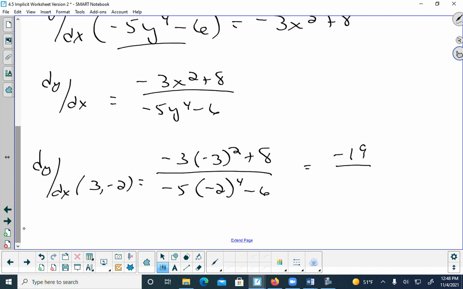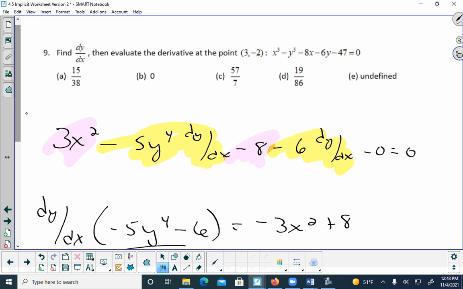And then 2, 4, 8, 16. So negative 80, because that would be positive, negative 80 minus 6, negative 86. I don't think they have any common factors. So I'm going to have 19 over 86 because it'll become positive. Negative divided by negative is positive. And that is going to be choice D.